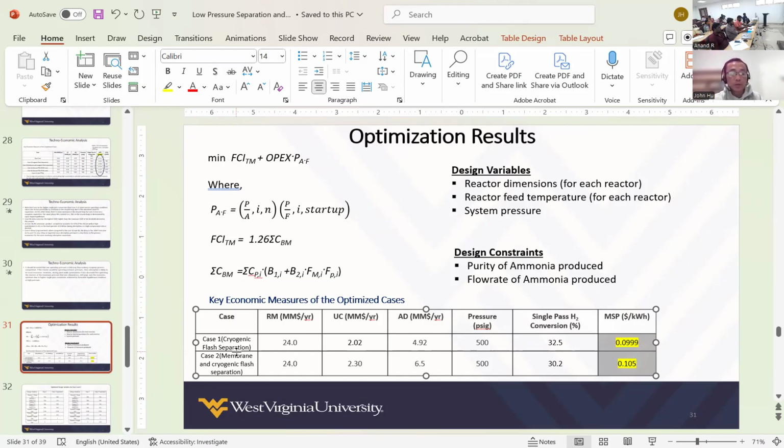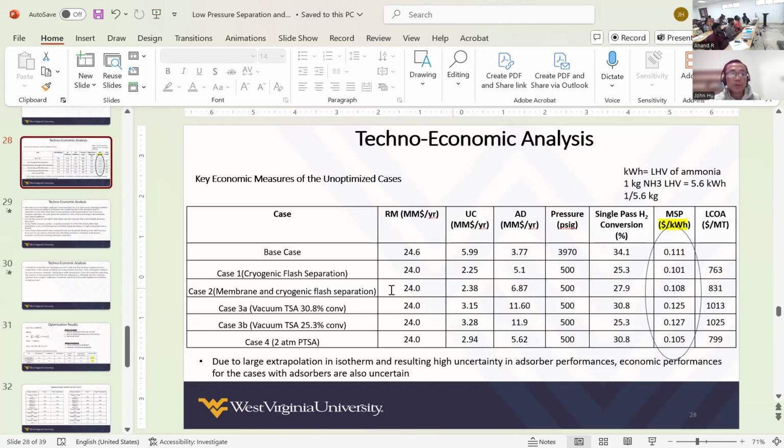I'm going to go back. Case 1 becomes $0.09 per unit of ammonia, and case 2 becomes 0.105. What about the previous data before optimization? Before optimization, case 1 was 0.101 and case 2 was 0.108. We do have improvement.